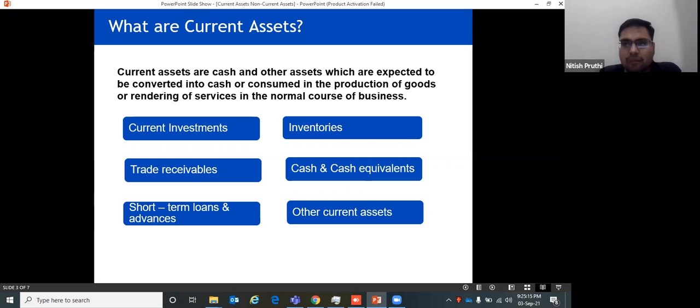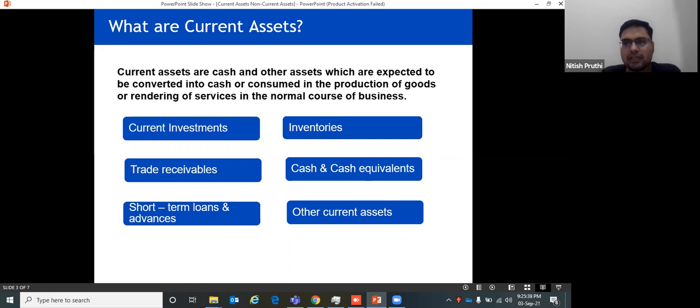Maybe we can take an example. You are a manufacturer of a door handle. Now this door handle is made of brass. What you do is purchase raw material in the form of raw brass. You melt that down, you give shape to the brass through machinery into the final product, and then you sell this door handle in the market.